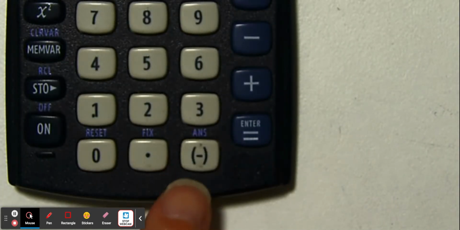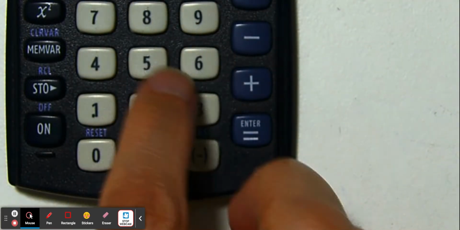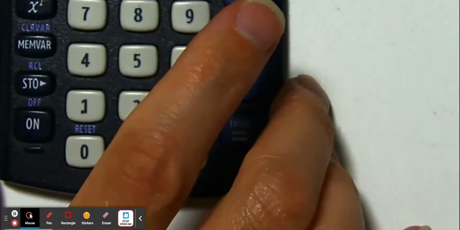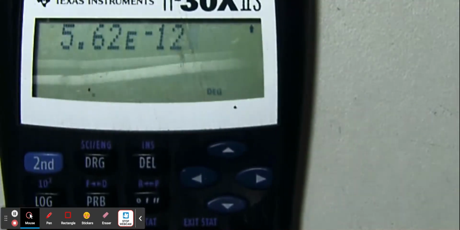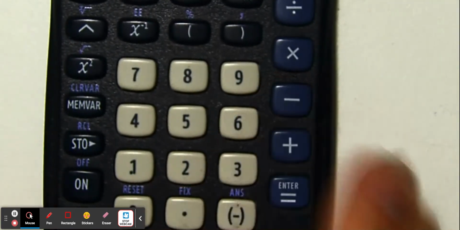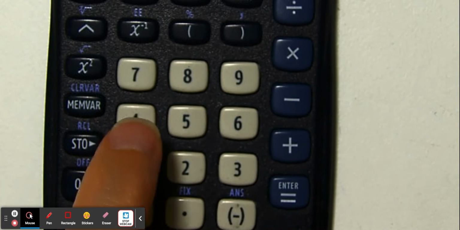So that's my negative button. And I'm going to put 12, negative 12. I think I said 5 before, but I changed my mind. Okay, so I'm going to take that and multiply it. And then I'm going to do a different number. Let's say 8.54.